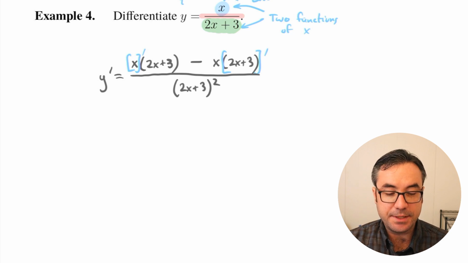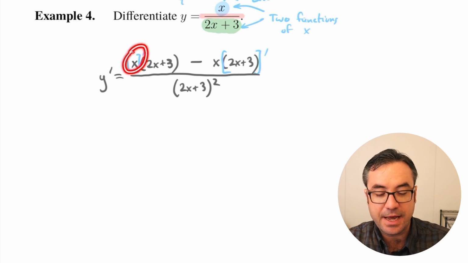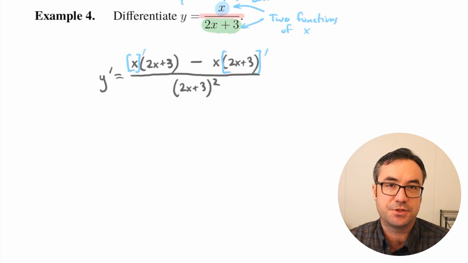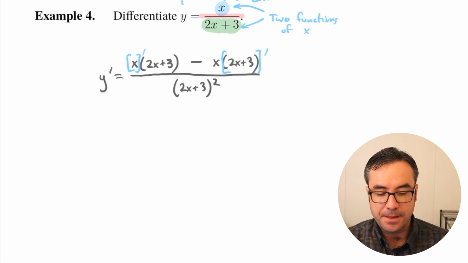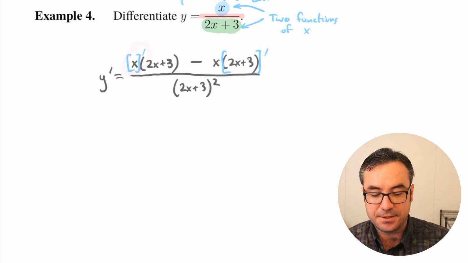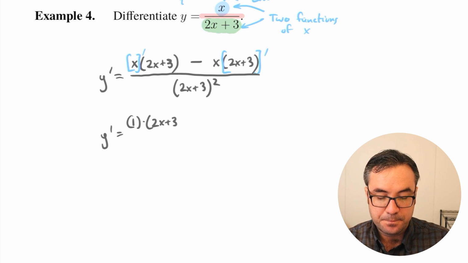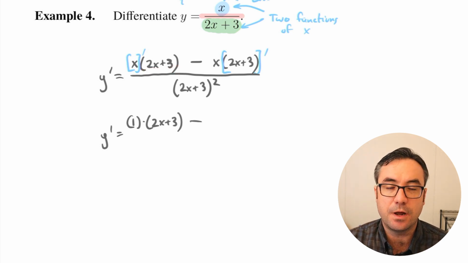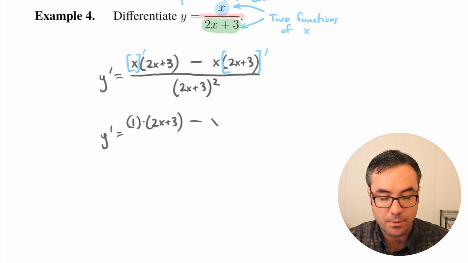And at this point, we've differentiated our way through the fraction, and now we just have these two smaller derivatives to do. And these are things that we can do with just our regular rules. So derivative of x is 1. And then the 2x plus 3 here is outside the brackets, so we're done with that. We have minus x, that's outside the brackets, so we're done with that.